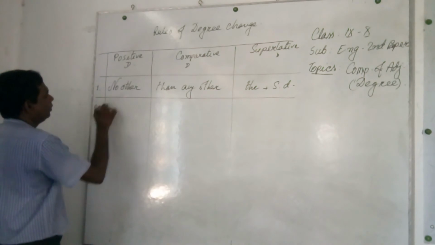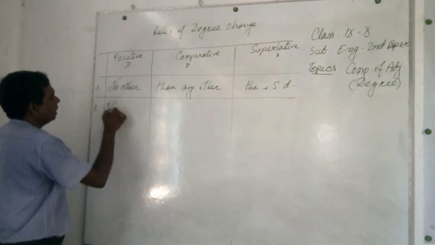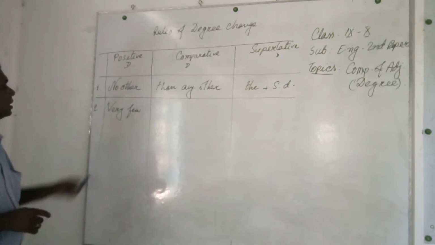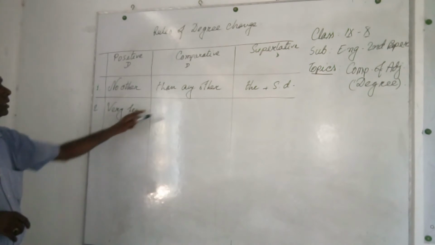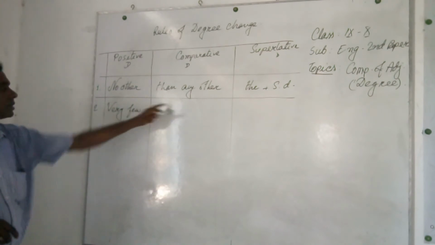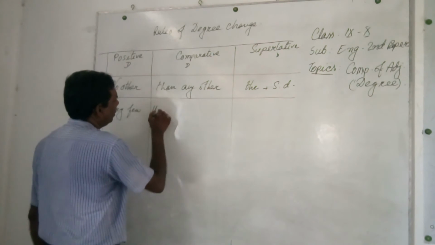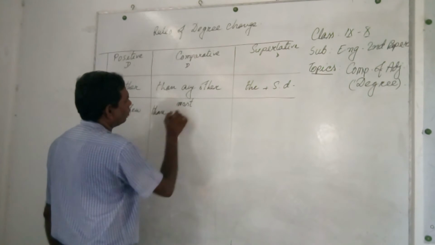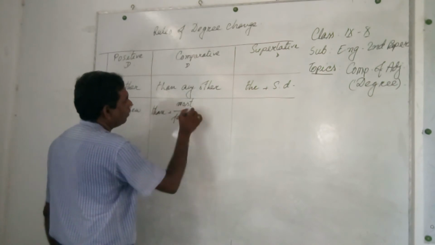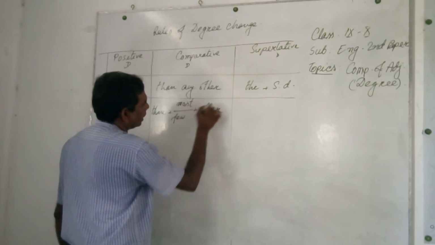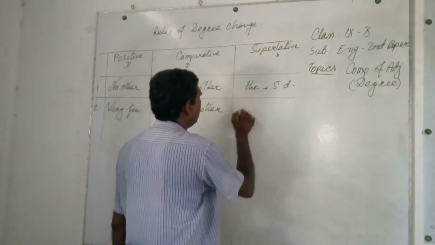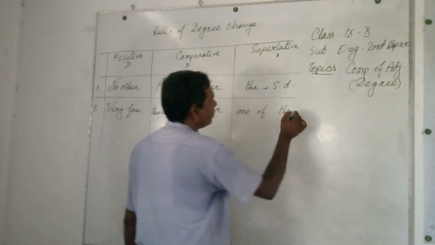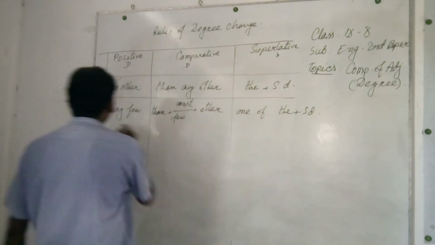Number 2: in the positive degree, if the sentence begins with very few, then we can use in the comparative degree than plus most or few other, and in the superlative degree one of the plus superlative degree.